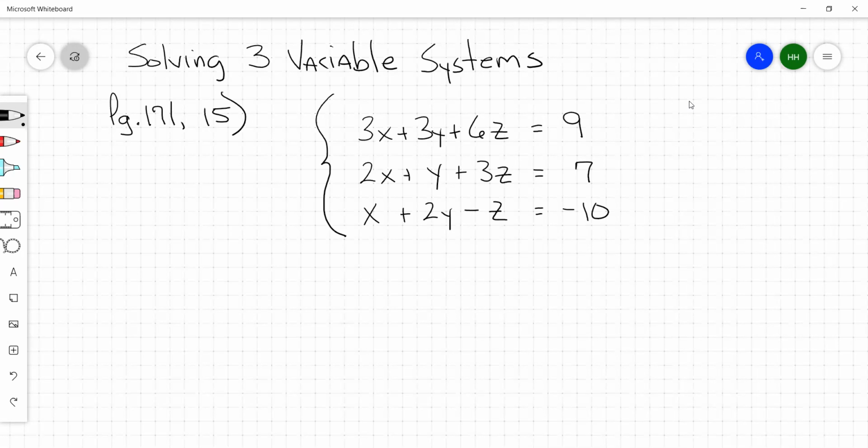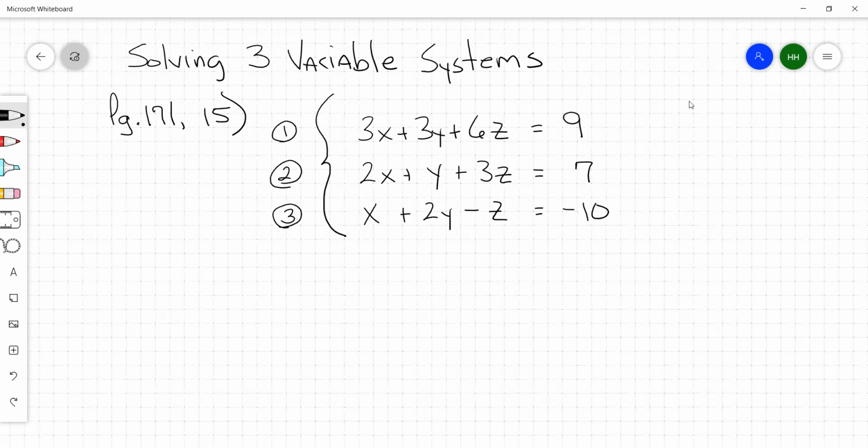All right, so I asked you yesterday, number the equations. It looked like everybody was doing that. And I was thinking last night that maybe I didn't say it clearly enough. I told you to pair up the equations first, right? Like a 1 and a 2 and a 2 and a 3.